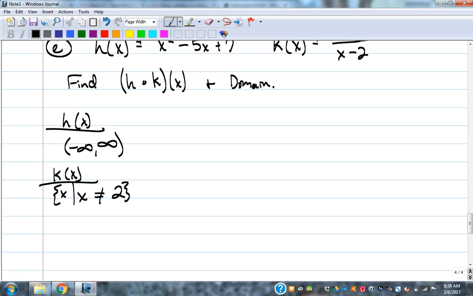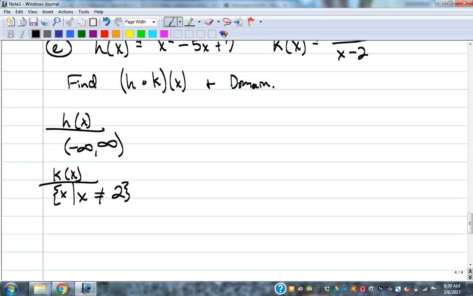Because there's nothing in the first function that's going to mess up the composition. If there are restrictions on the first function, like here it's asking for h composed with k, if there are restrictions on the h, then you've got to find when does k of x do that.